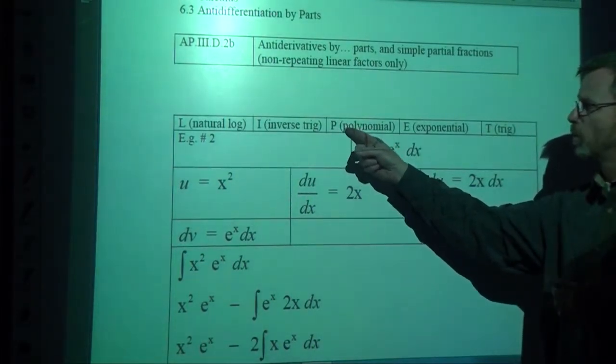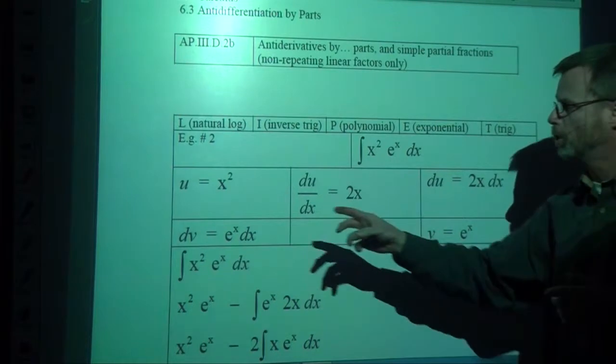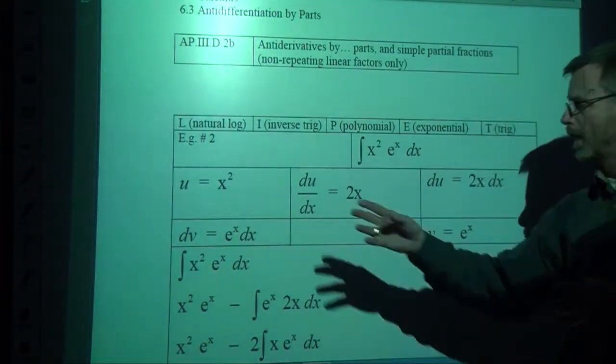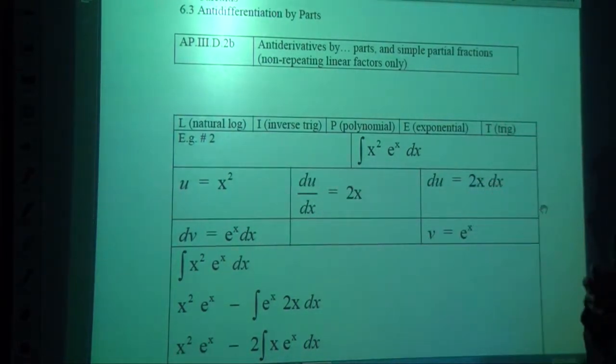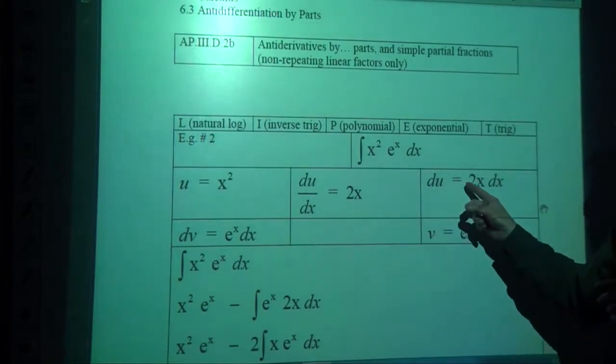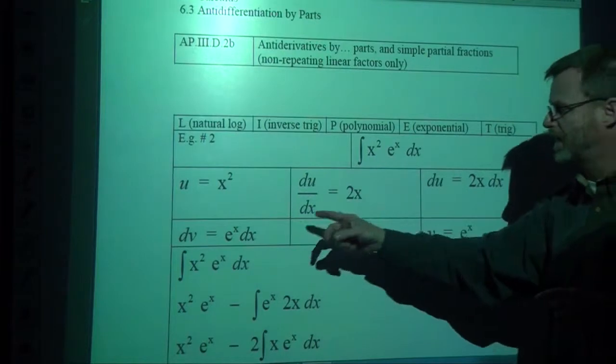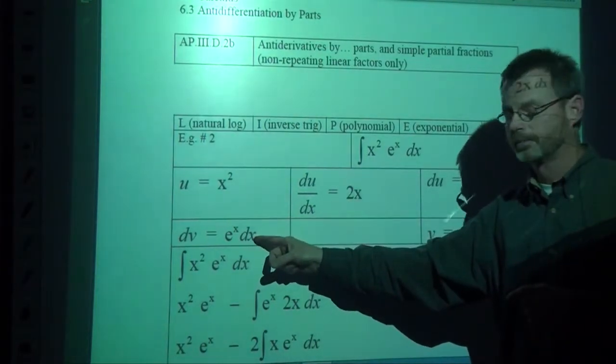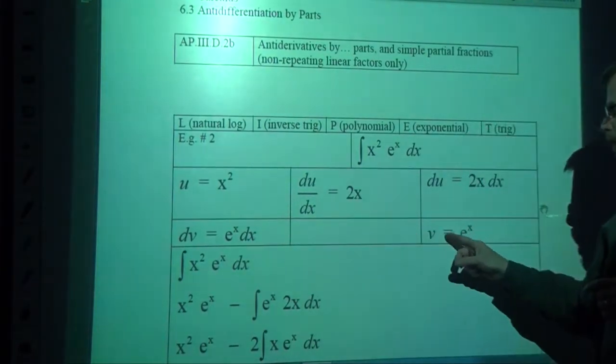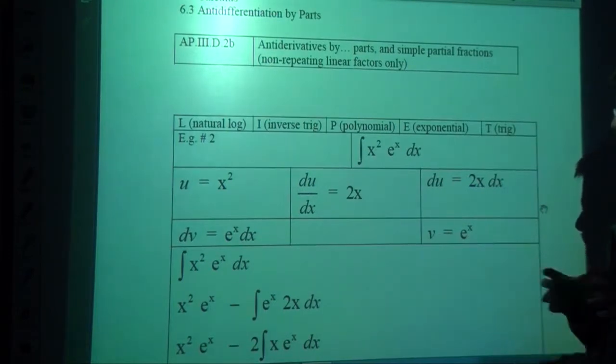In my order of choice, here's polynomial. So we're going to call mu x squared. And across this line, we're going to differentiate, so we end up with d mu equals 2x dx. The other factor, e to the x dx, is our dv. And as we go across, we're going to integrate that, and we end up with v equals e to the x.